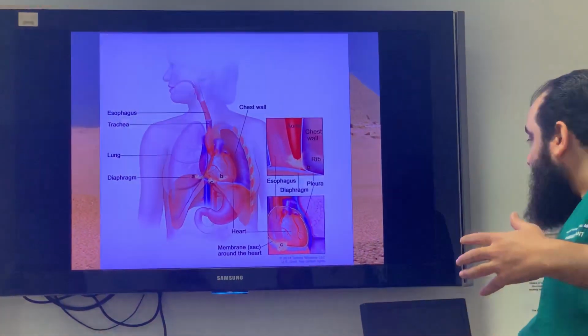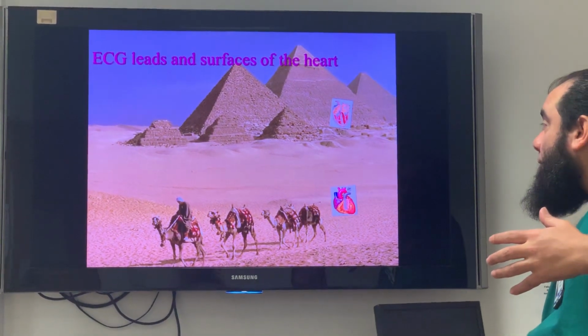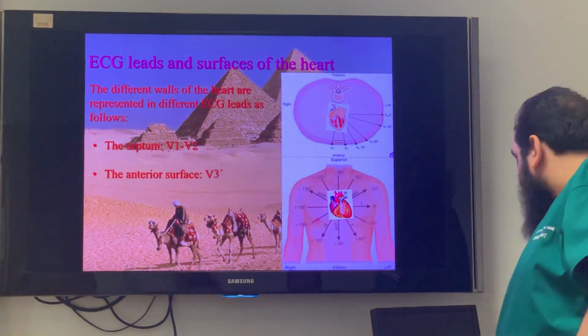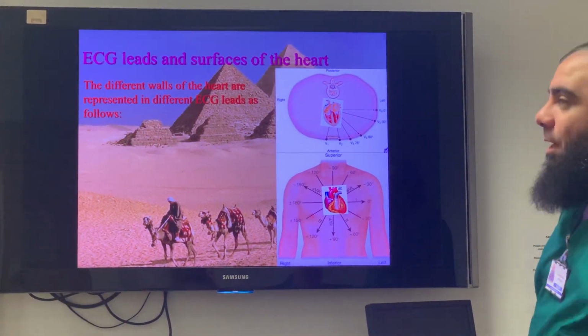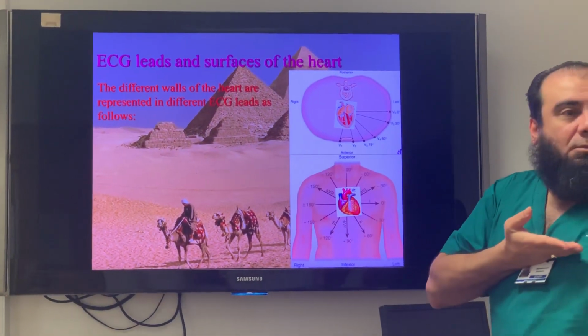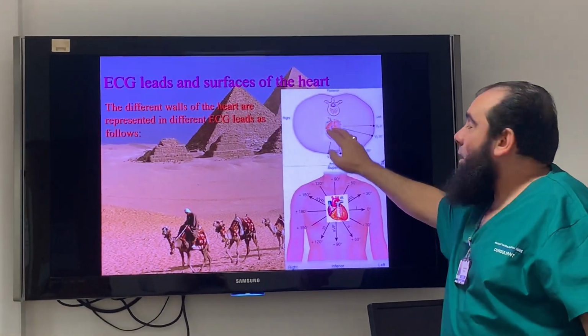Okay? That might help a bit. So that one is just like a cross section. There's the sternum, the vertebra, and the heart in between.